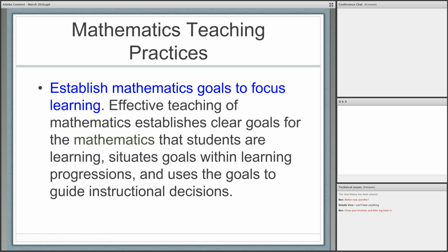So one of these teaching practices is establishing mathematics goals to focus the learning. And I know a lot of work has been done around the province around establishing learning goals, establishing success criteria with one's class. And it really is thinking about these goals for mathematics, so thinking about them in terms of the big ideas for mathematics.